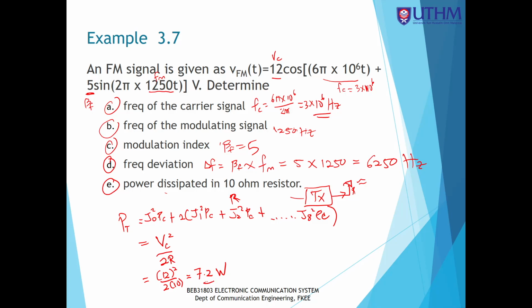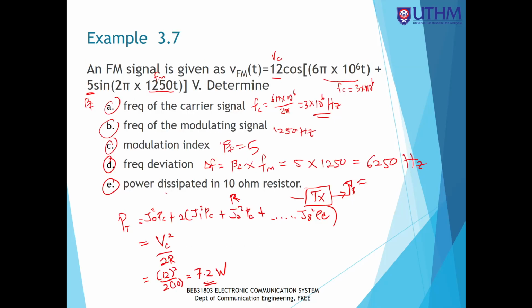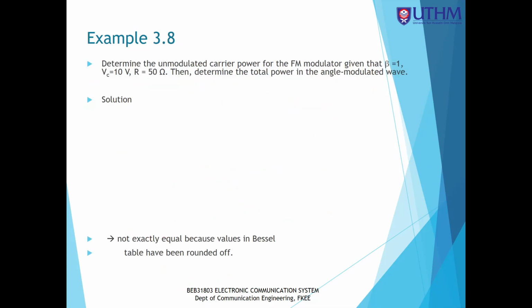You can try using your calculator, you should get 7.2 watt. So any question you can ask, otherwise we can look into the next example. If you have a question about this, please ask now. If not, I will move to this example 3.8.